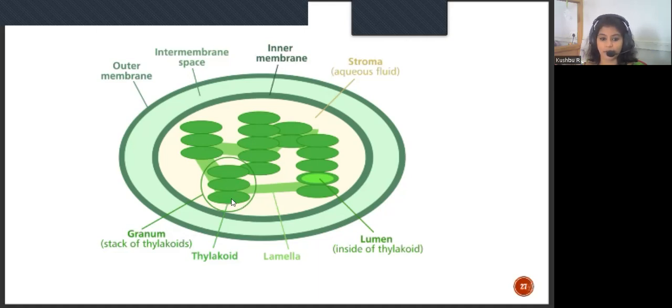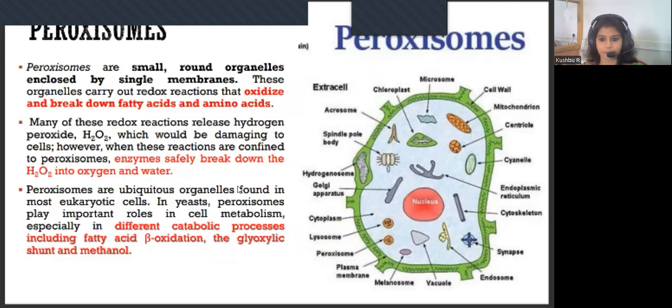That is nothing but your thylakoids. Each coin is called a thylakoid. Together, the stack is called grana or granum. Inside your thylakoid, the chlorophyll pigment is present.